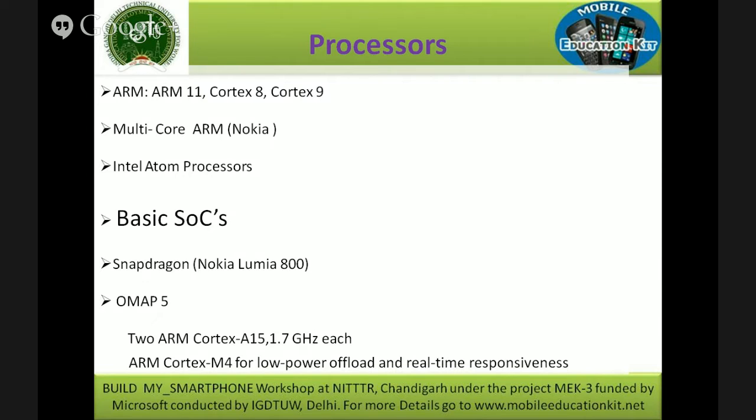Now another important difference is that every mobile device is size constrained. So in order to meet that constraint, the architecture is a system on chip. You have SoCs for mobile devices, but there are no SoCs for desktop processors.